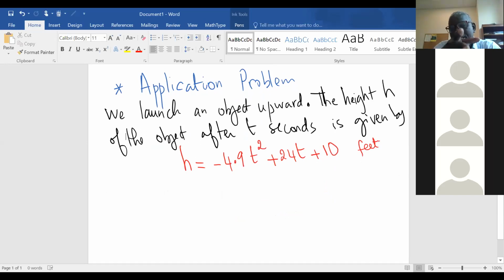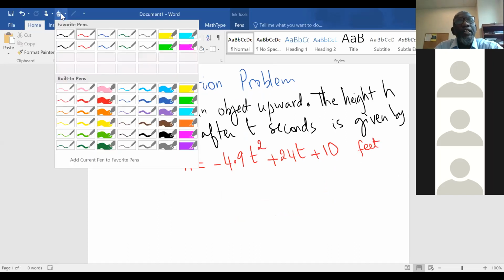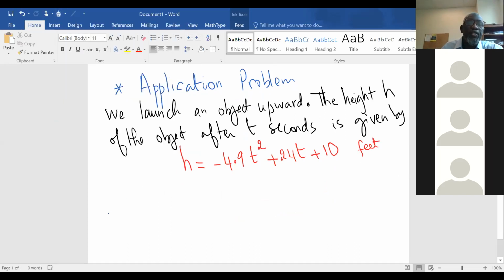Okay, so I was saying this equation right here, if we launch something upwards, it's going to go up, and eventually it's going to come down to the ground, right?